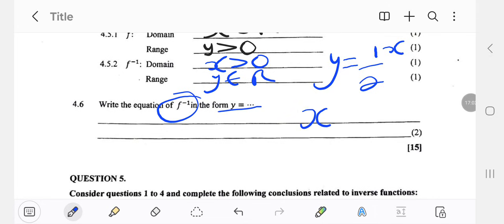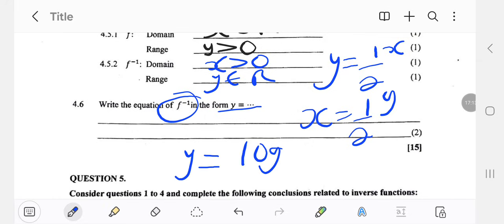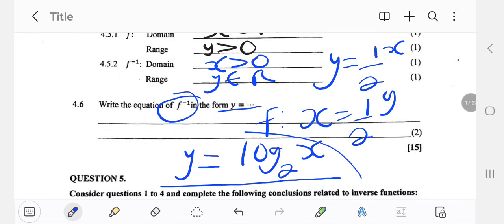The inverse is x equals 1 over 2 to the power y. The log form is y equals log base 1/2 of x. This is the inverse.